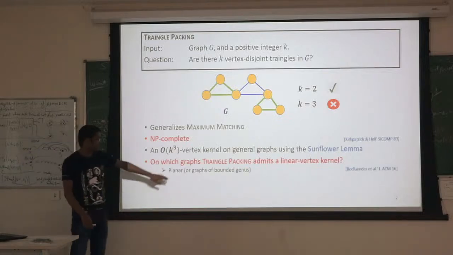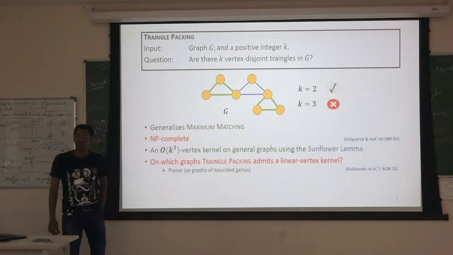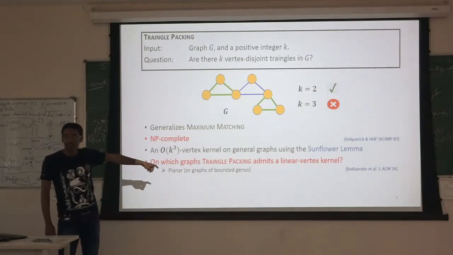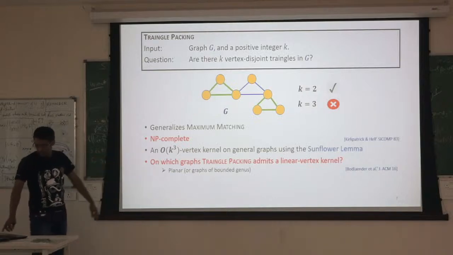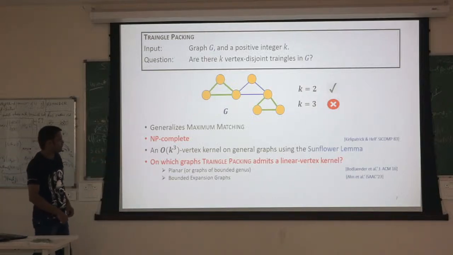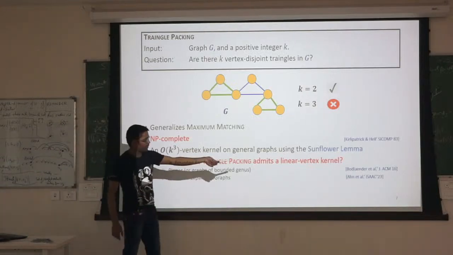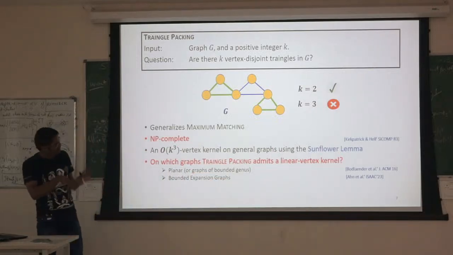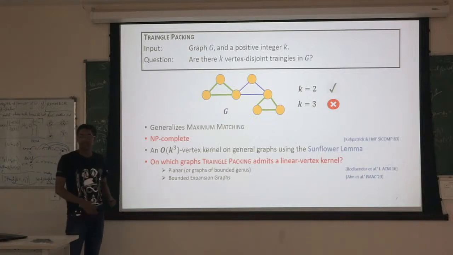For planar graphs and graphs of bounded genus, Bodlaender et al., using a seminal result of meta-kernelization, showed that it admits a linear kernel. Then for bounded expansion graph classes, there is a recent result by Ahn et al. They show that not only this problem but even a more general problem admits a linear vertex kernel.